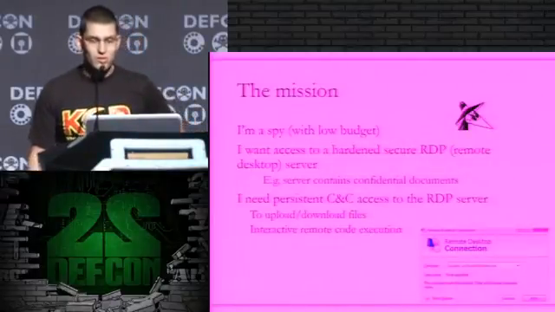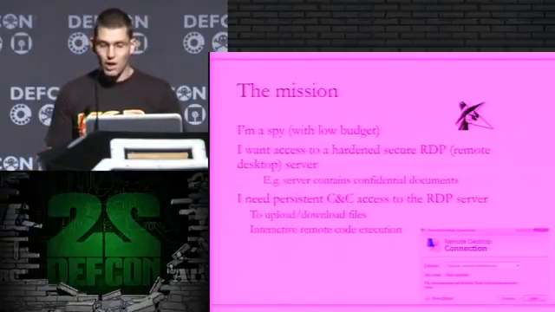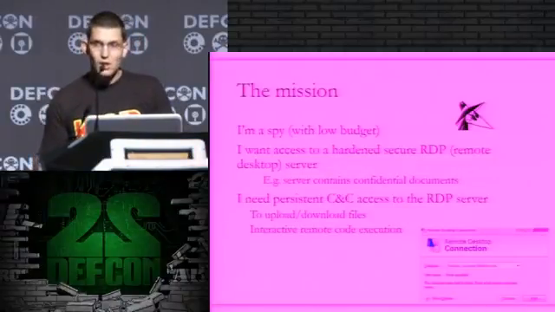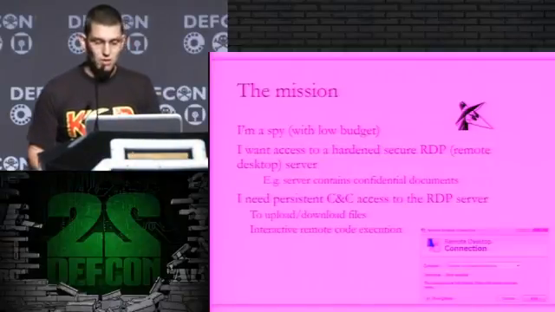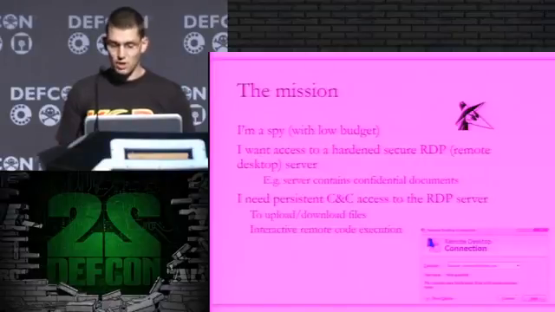Okay, so here is the story. Let's say that I'm a spy and I want access to a hardened, secure RDP server. Unfortunately, I'm not Tom Cruise, so I cannot hack it like he did. I want access to this RDP server because it contains, for example, some very confidential data. On top of that, I need persistent command and control communication to this RDP server.